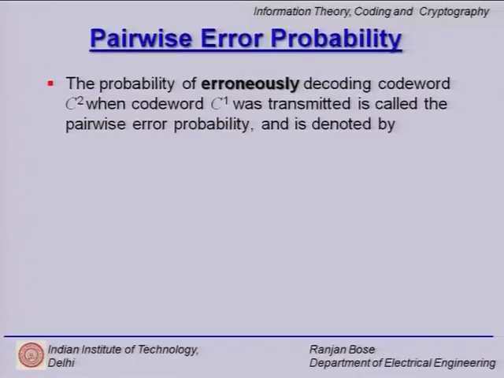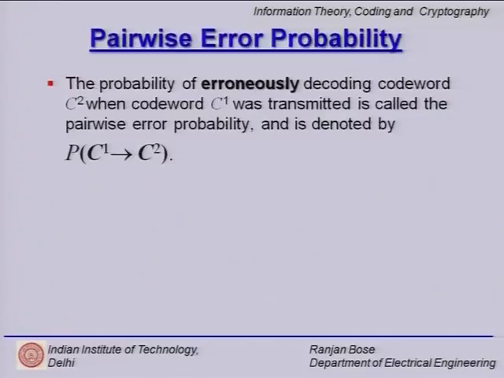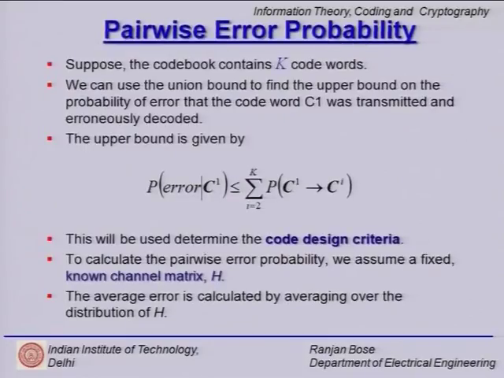So, let us look at the slides again. The probability of erroneously decoding code word C2 when code word C1 was transmitted is called the pairwise error probability. Okay. So, this is denoted by P, C1 was sent and C2 received, and this is the notation we will be using. Now, suppose the code book contains k code words.